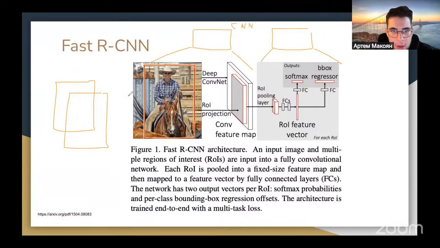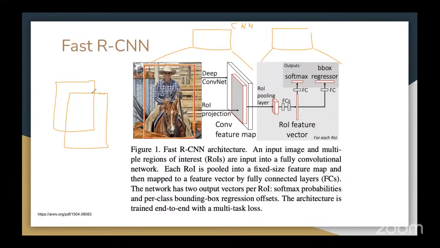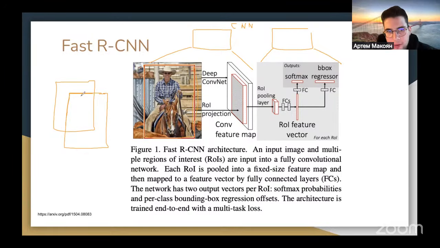But before, we took each one and processed it independently and did the work twice. Do you understand why twice? Yes, because for this intersection we extract features of the same intersection region twice.